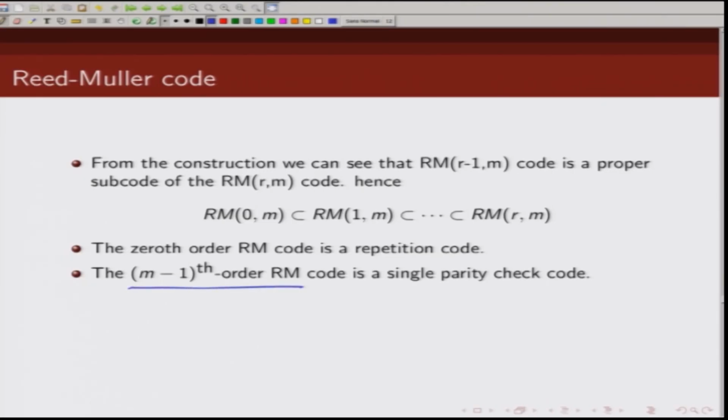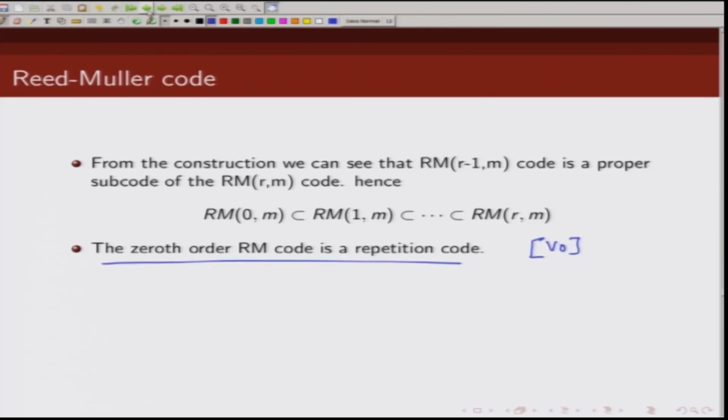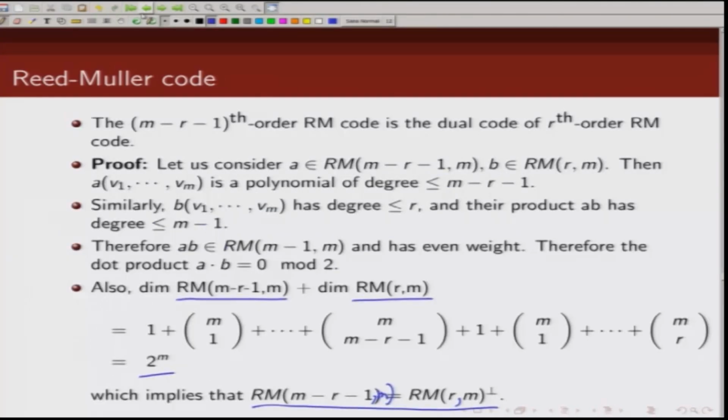The m minus 1th order Reed-Muller code is actually a single parity check code. Again, this is easy to see, we can just use the results that we have proved. We know that the m minus r minus 1th order Reed-Muller code is dual to the rth order Reed-Muller code.